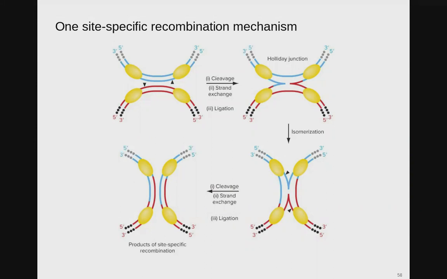And then we have a process called isomerization, which kind of doesn't look all that different, but basically we have a binding together, and the strands essentially elongate, coming back together. And then we have the final part, which is cleavage, leading to ligation, which leads to the strands breaking apart.